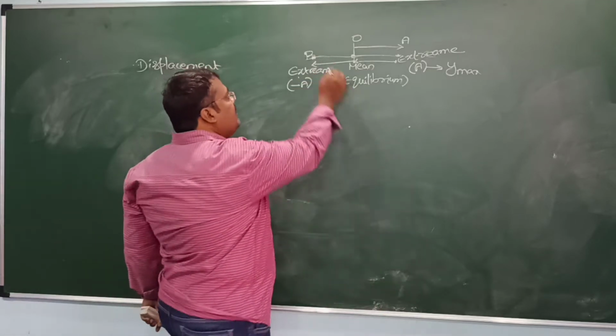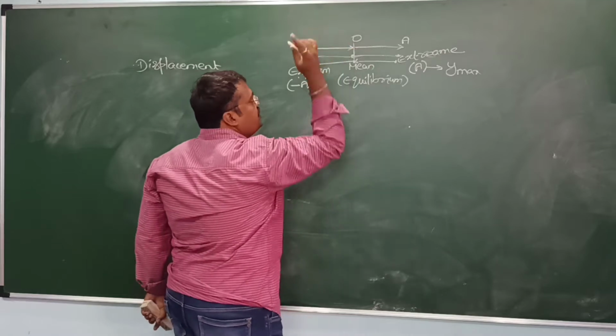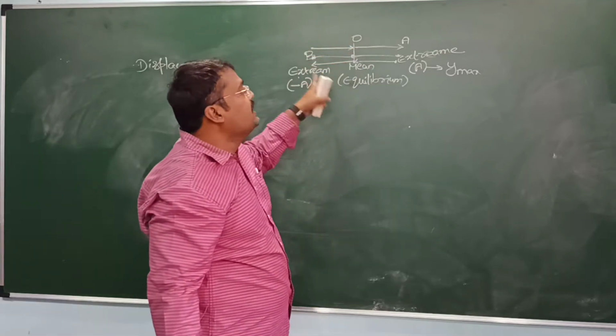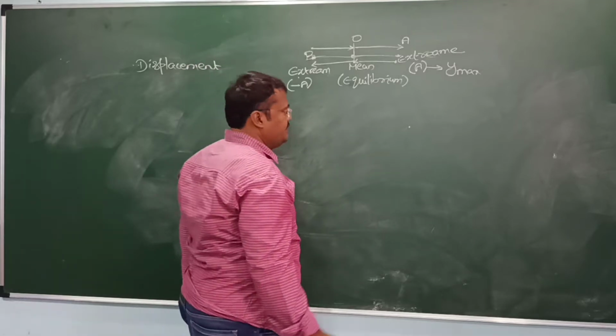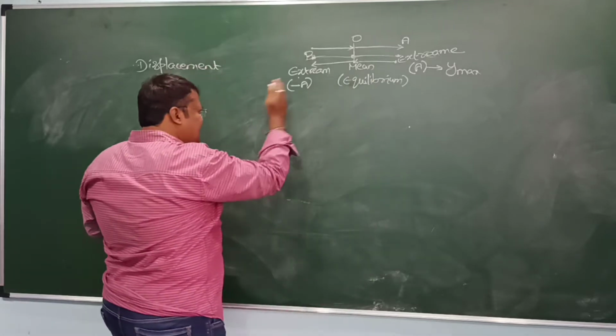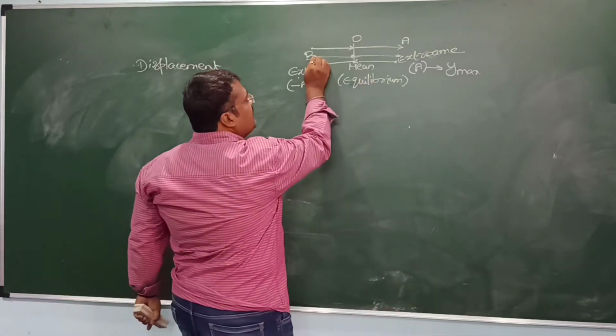Again the particle reaches the initial position from B position to O position, then one to and fro motion is completed. So this is actually oscillatory motion or simple harmonic motion.